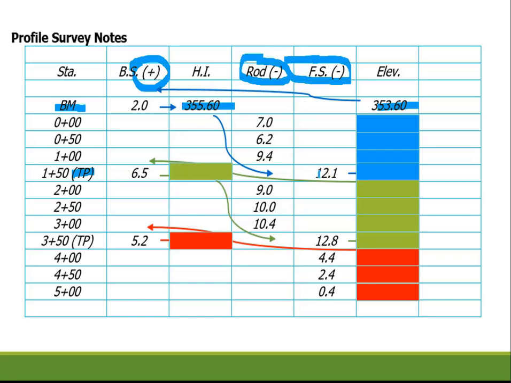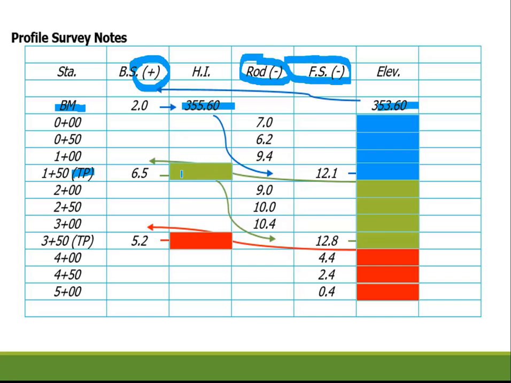If they're all in the same column, then the known information is that the turning point is the next elevation that really matters when we want to establish the next HI, or the next height of instrument.